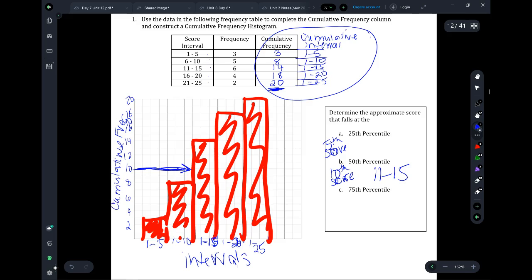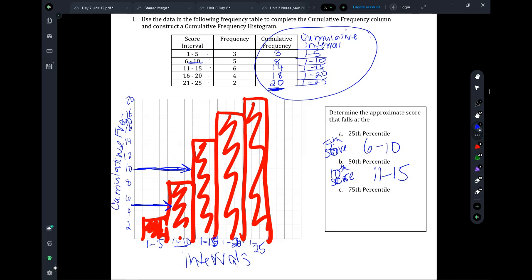So if I look at my graph and I go to 5 and go across, it hits this bar. That's the interval 1 to 10, but that's our cumulative interval. A cumulative interval of 1 to 10 really is a score of 6 to 10. So that would be the interval where the 25th percentile would be.